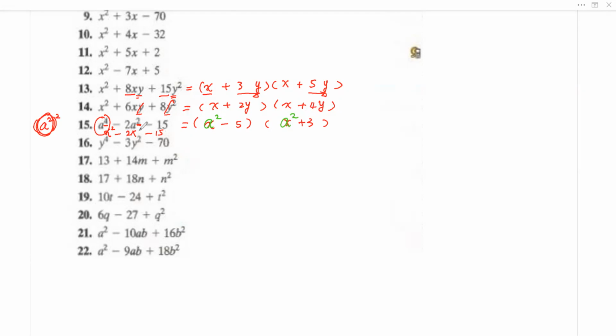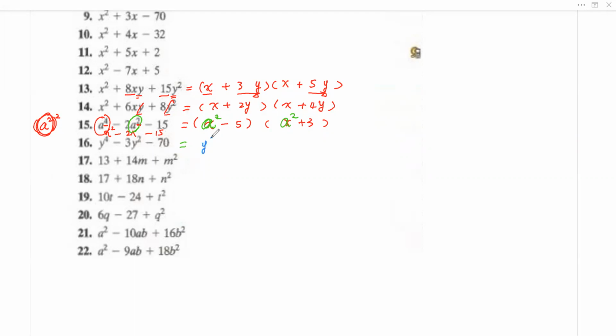So right now x squared, we put it back, actually is replaced back here as a square. So we go up to a higher level. It's a square, we consider one of them. So it becomes a square minus 5, a square plus 3. Okay, number 16, the same here.